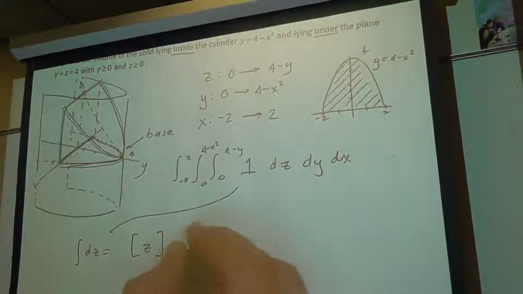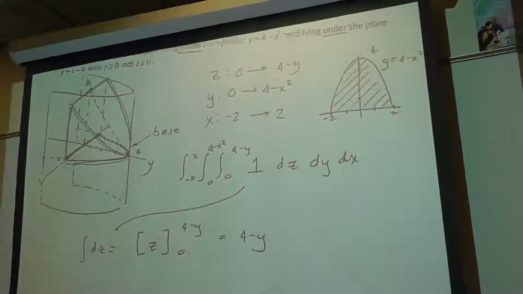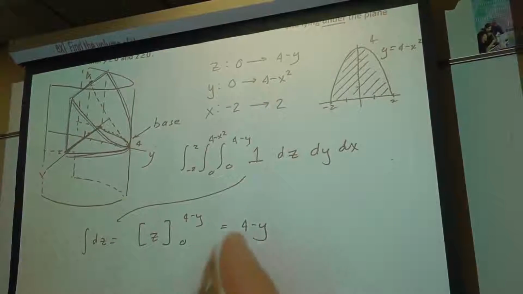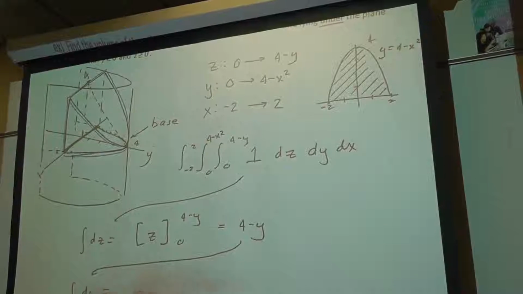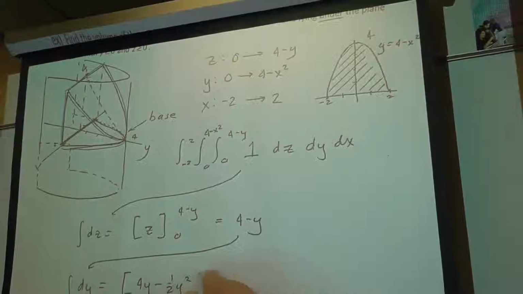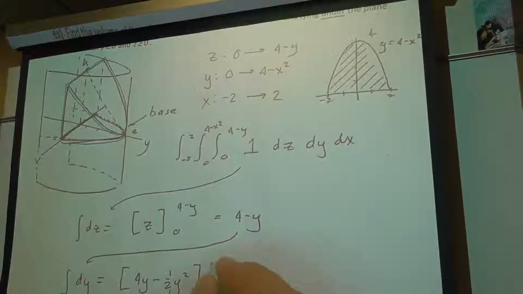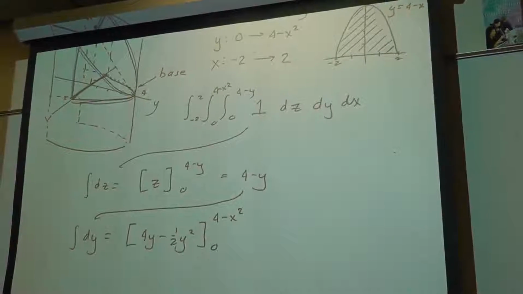z is my antiderivative. My limits are 4 minus y minus 0, so that was painless. If I integrate this with respect to y, I get 4y minus half y squared with 0 to 4 minus x squared limits. So algebra ensues.